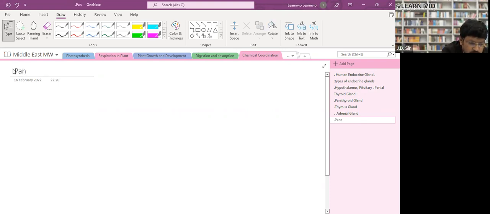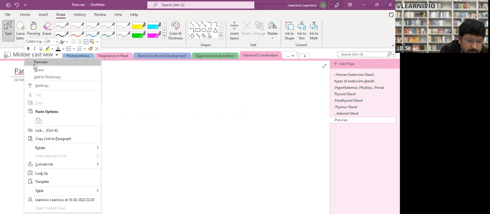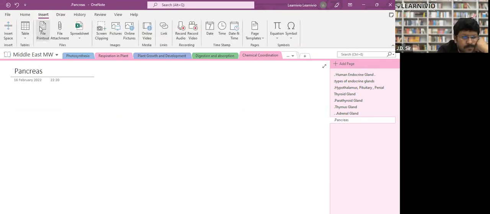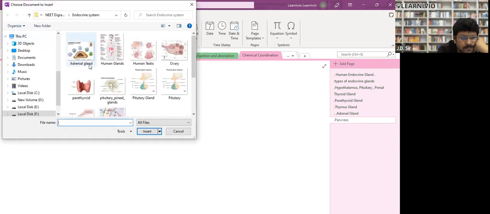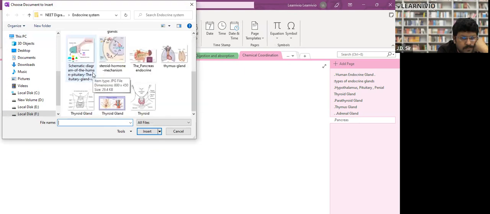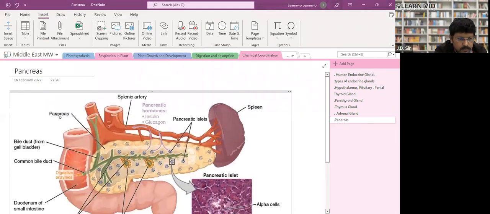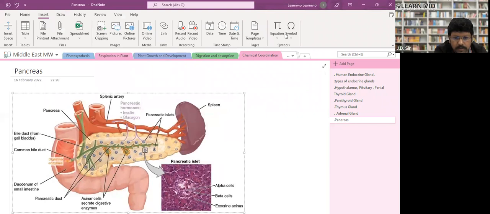So put the heading pancreas. Look, this is the pancreas.